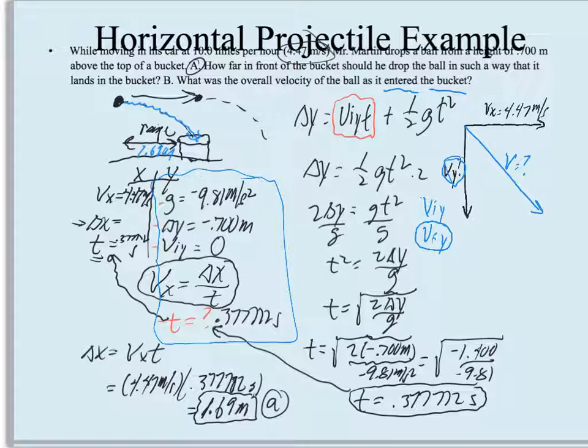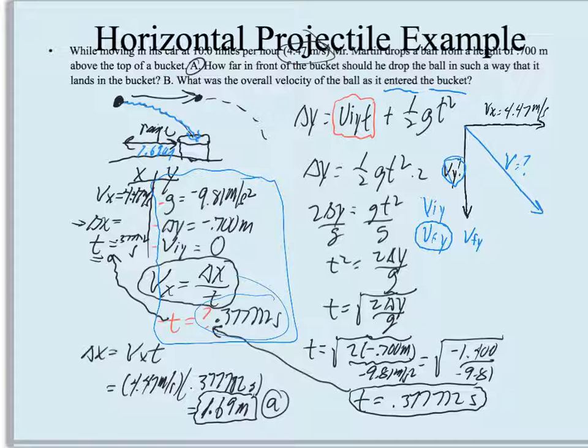The safe way to do it would be to not use a formula that has time in it. And the reason that it would be safe is because if our time was wrong, we wouldn't cause our final velocity to be wrong because we wouldn't be using the time. So what formula doesn't have time in it? Well, let's see.